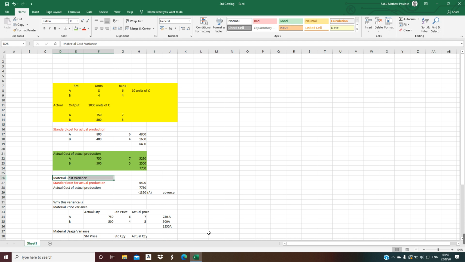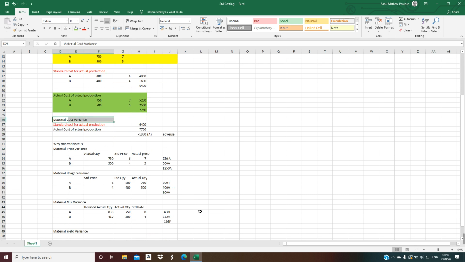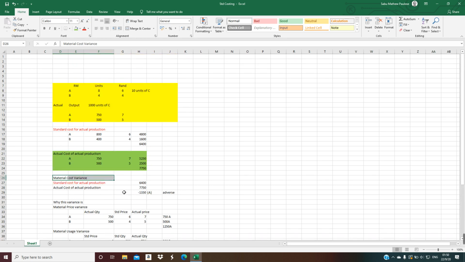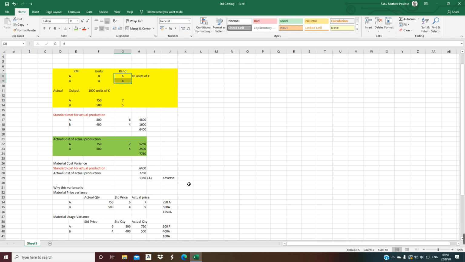Then we will find out the reasons for this increase in cost. There are two reasons. One is the difference in price. Here we can see the actual prices are 7 and 5, but they should have been 6 and 4. So we will find out the material price variance. The actual quantity used is 750 and 500.